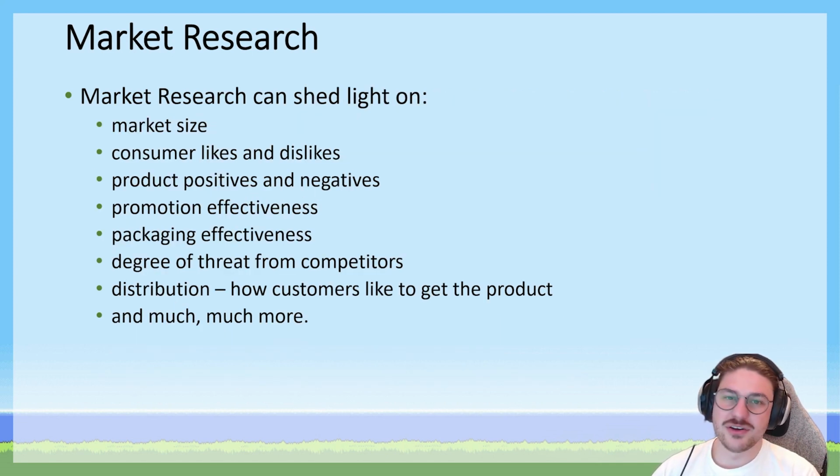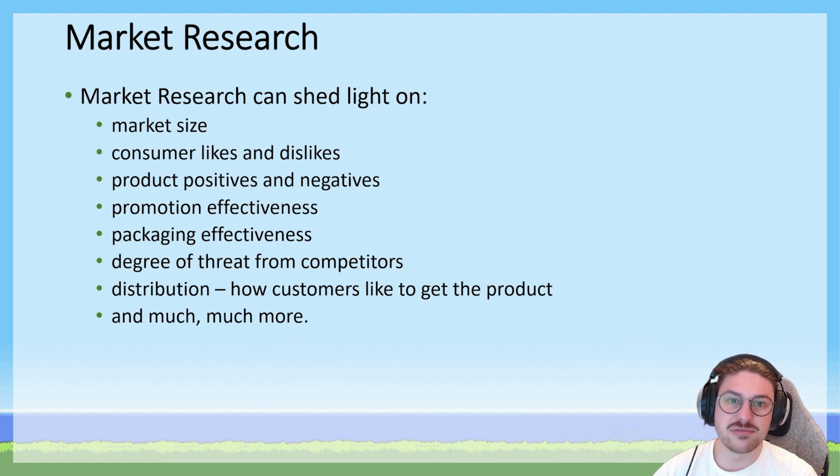Now, market research can tell you anything, from how many people live in the local area around your shop, so you know how big the market is, to what the people in that market like and dislike. There might be a strong preference for a particular football team or a particular political party in the area around your business.